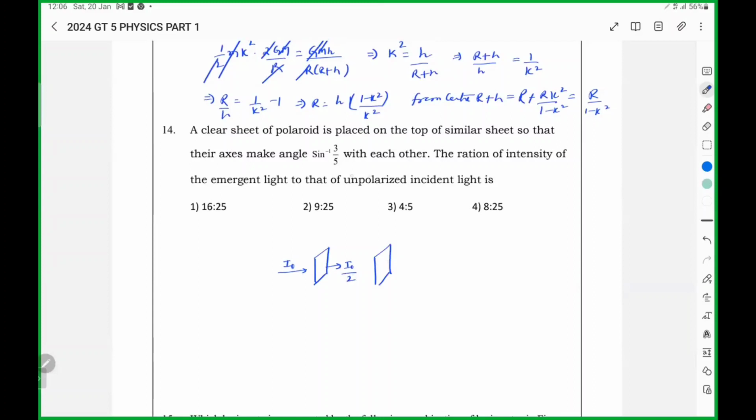But this second Polaroid is placed not parallel to it, at an angle theta, which is sin inverse 3 by 5.